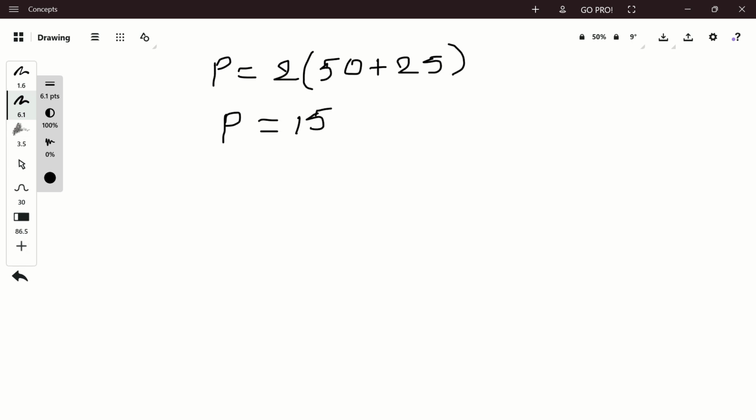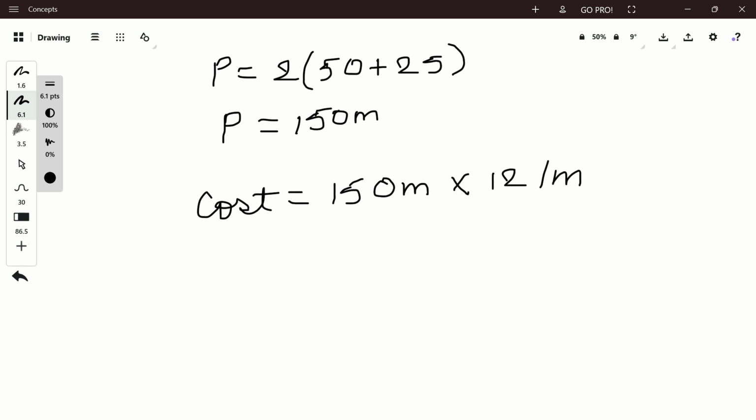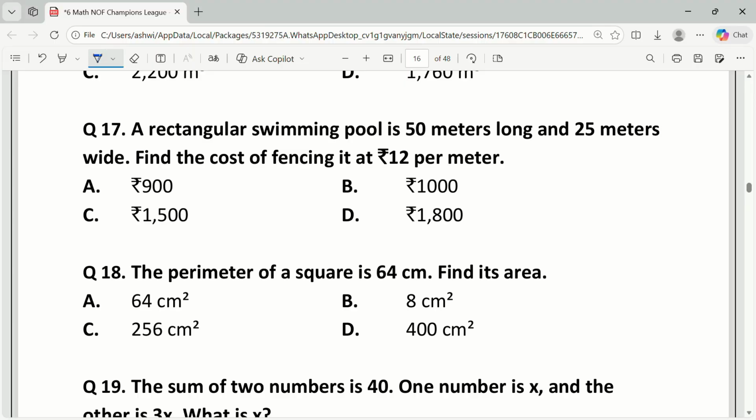That is, P is equal to 150 meters. The cost is rupees 12 per meter. So, cost is equal to perimeter into rate, that is 150 meters into 12 per meter. That comes down to 1800. Comparing with the options, the answer is rupees 1800, D.